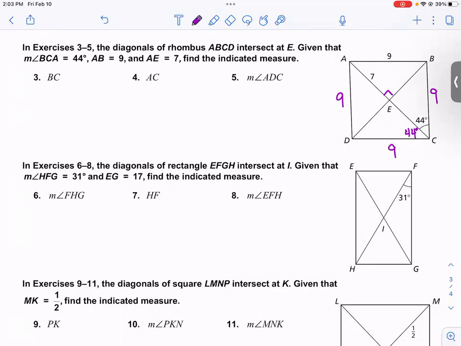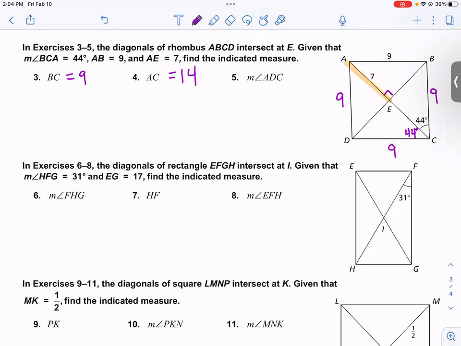If I ask you for BC, BC is 9. AE and EC would be congruent because a rhombus is a special parallelogram. Remember, our diagonals are bisecting each other. So if AE is 7, what's AC? 14.